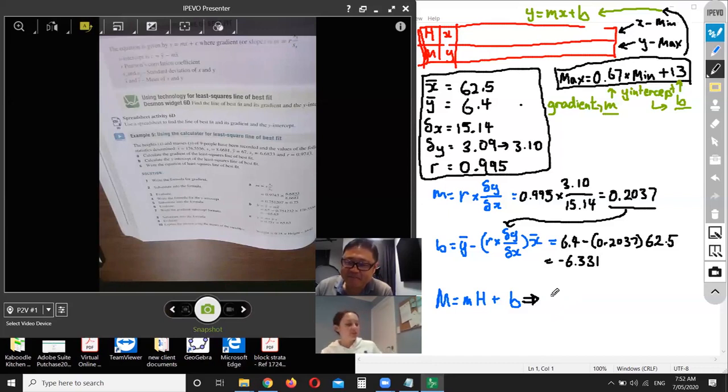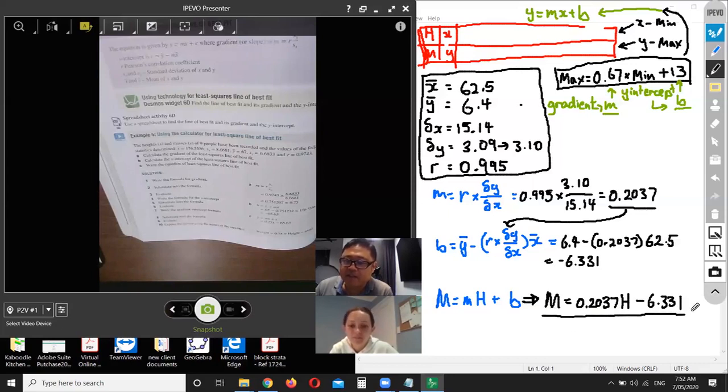So it'll be the M, which is the mass, equals 0.2037 times H, your height, capital H, minus 6.331. Bingo. And that's your line of best fit. The formula.